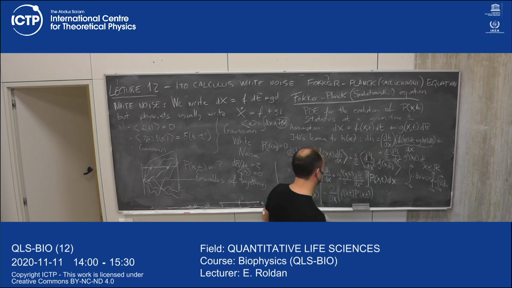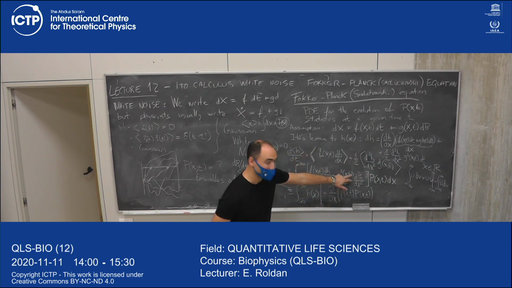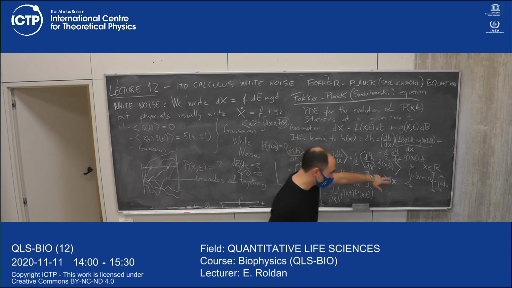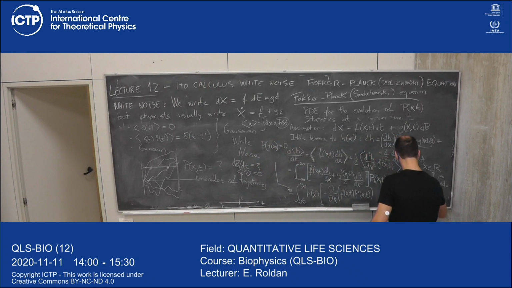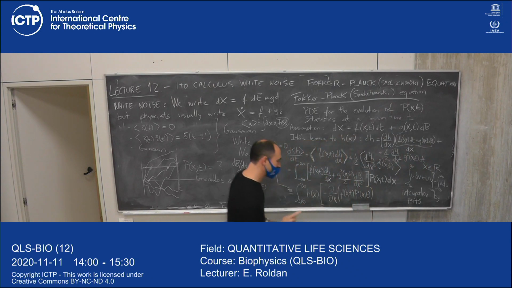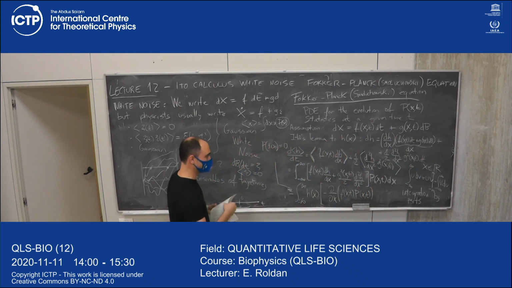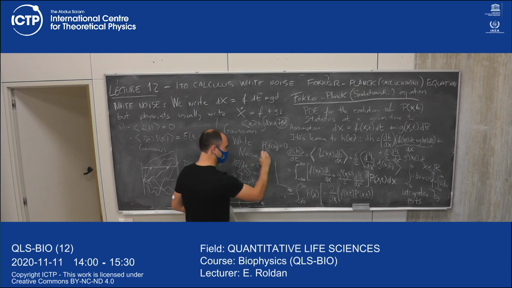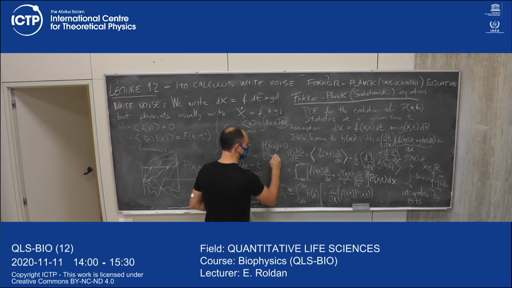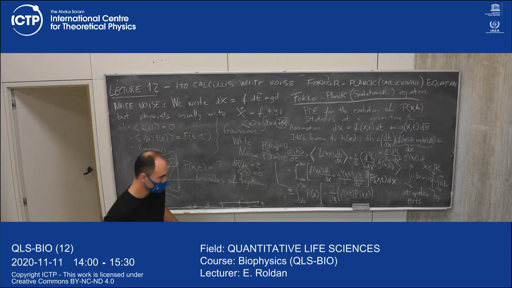And then there is the second term in which I can apply this integration by parts. Thank you for the name. Integration by parts. I didn't even remember the name in Spanish, so it's good you tell me. I apply it twice, and I assume that this and also this one, so please check at home, the derivative is 0 at the borders.